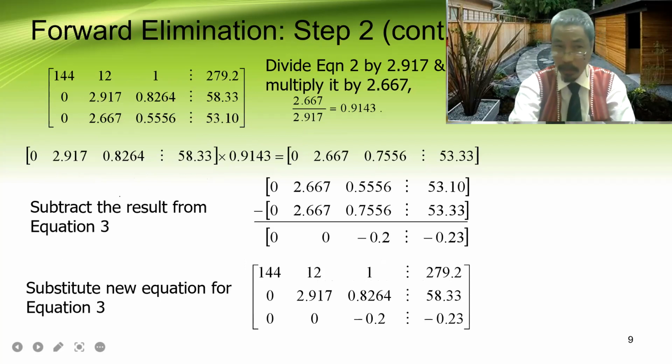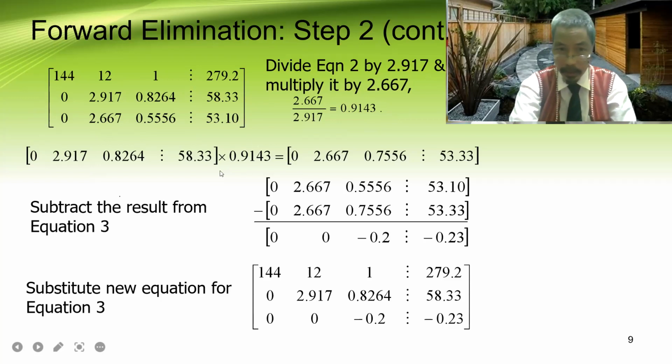The answer will be 1, and then multiply by 2.667. So 2.667 divided by 2.917 is 0.9143, to 4 significant digits.